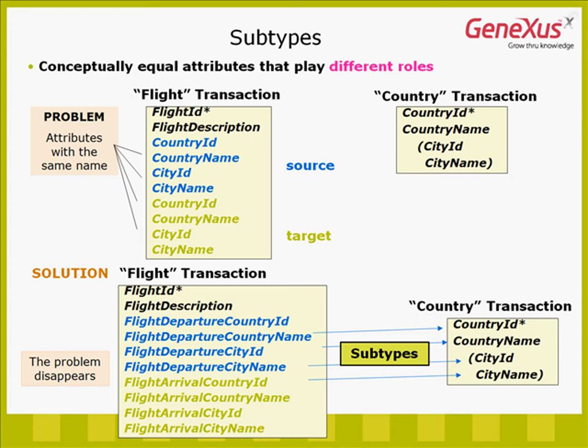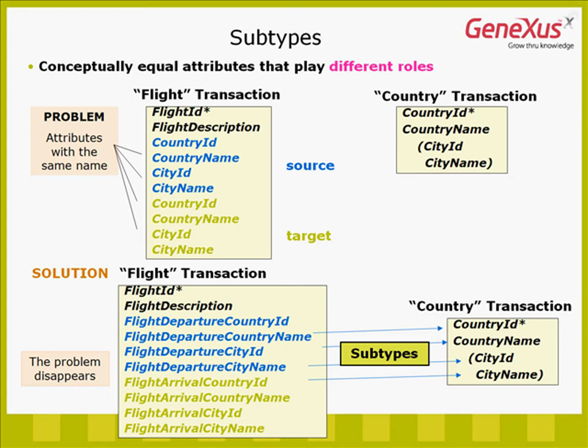And for the departure city, we'll use flight departure city ID and flight departure city name. And for the destination country and city, we'll rename them flight arrival country ID, flight arrival country name, flight arrival city ID, and flight arrival city name.